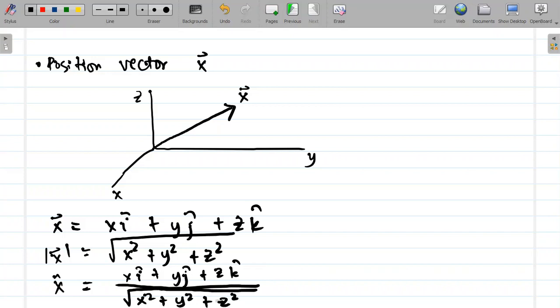Yan ang ating unit vector along this direction. So again, ang position vector x natin ito. Ang kanyang magnitude ay this one at ang unit vector pointing along that direction is given by this one.